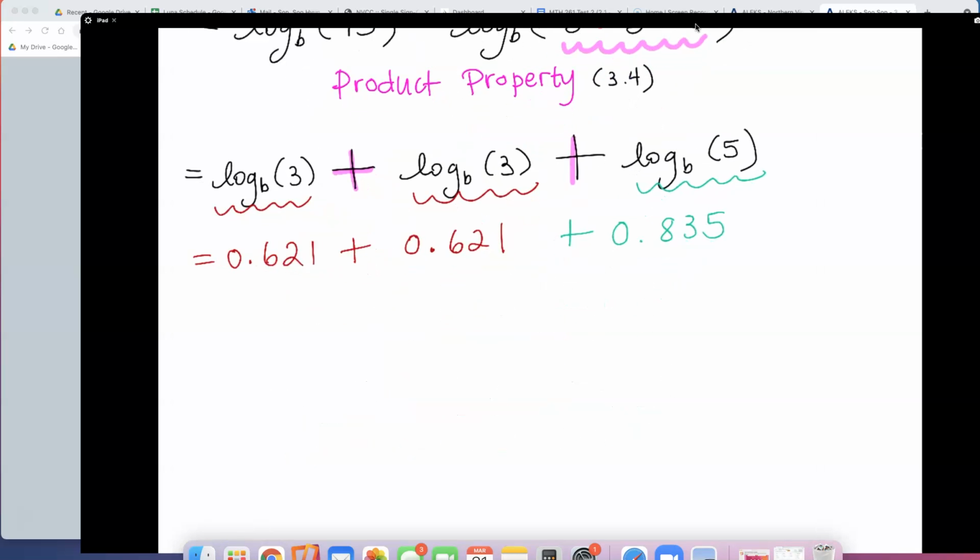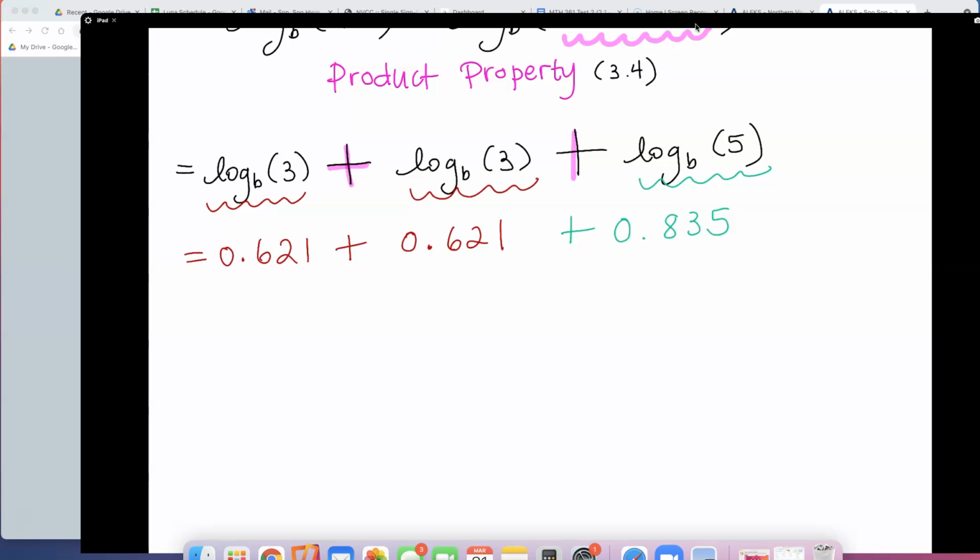I'm going to add these decimals together on my scientific calculator. I just have one on my desk. I'm going to multiply that first decimal by 2 because that's the same thing as adding them twice, and then add it to that. If you add them together, you will get the answer to be 2.077. So that is the answer.